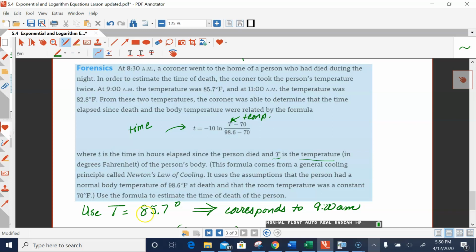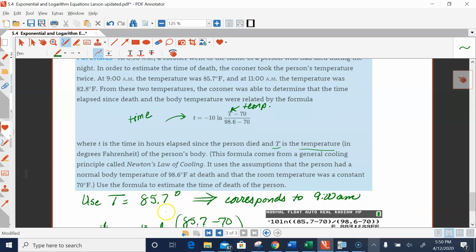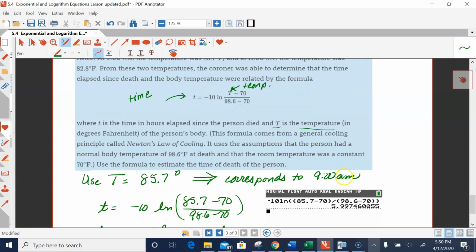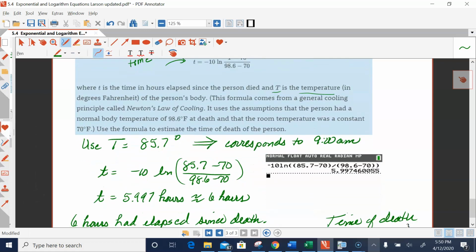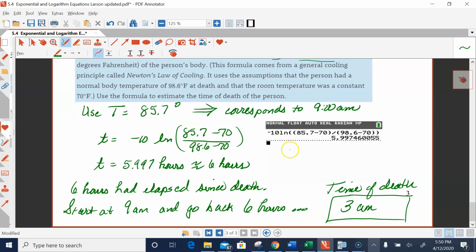I used the temperature of 85.7 degrees, which corresponded to 9 a.m. If I used the 82.8 degrees, then I would have to make a note that it corresponded to 11 a.m. When I plugged the 85.7 for temperature into my function, I calculated it this way on my calculator.